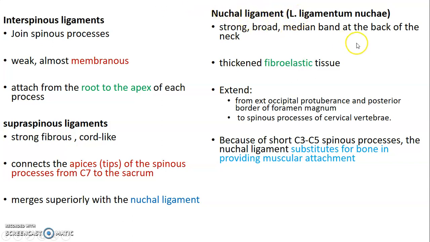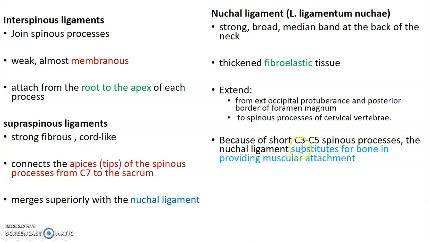Nuchal ligament is a strong median band which is fibroelastic, and it extends from the external occipital protuberance downwards to the spinous processes of the cervical vertebra. Because of the short C3 to C5 spinous processes, the nuchal ligament substitutes for bone in providing muscular attachment.